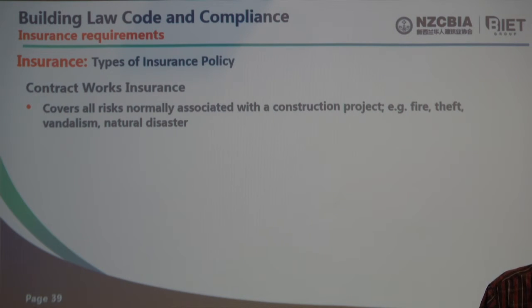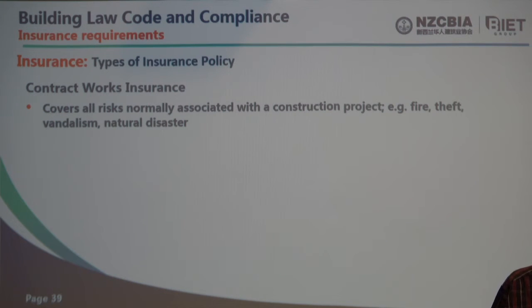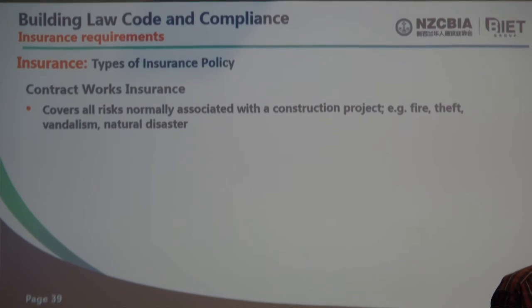So the contract work insurance covers those 2 bedrooms and the work associated with that. But the crane falls over and damages the other side of the house. The other side of the house is not in the contract. The contract works insurance won't cover the damage to the other side of the house.